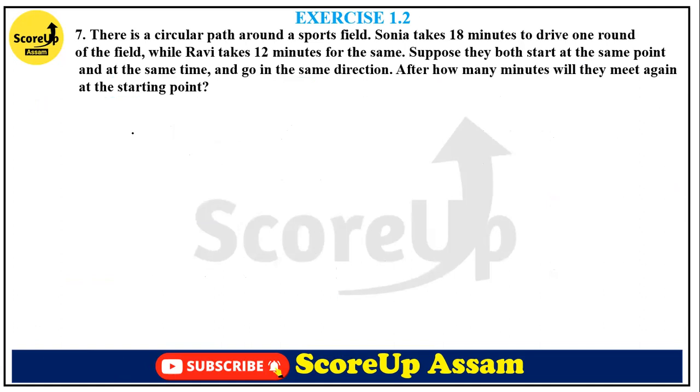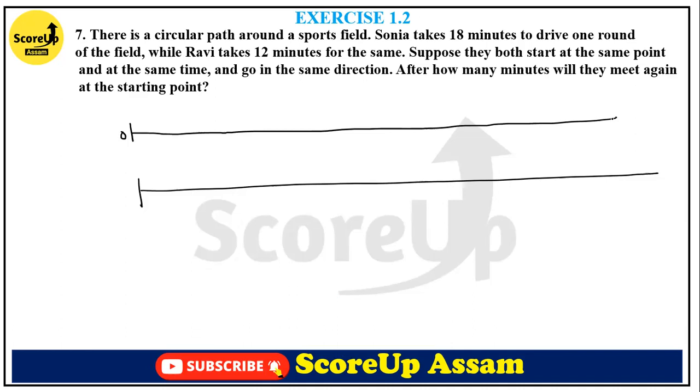Suppose this is the starting point for Sonia, and this is the same starting point 0 for Ravi. This is the same length of the circular field, and let's just cut the circle and draw the path in a straight line.